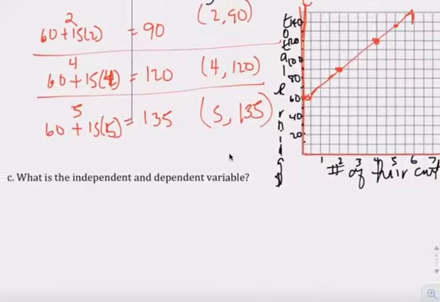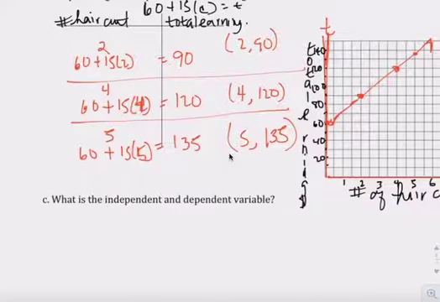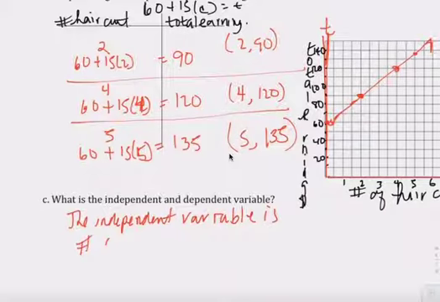$60. What is the independent variable? The independent variable is the number of haircuts.